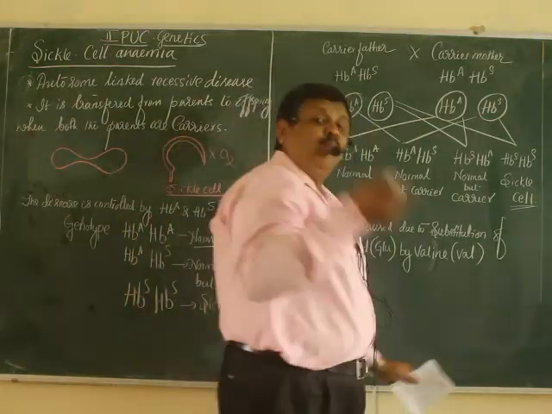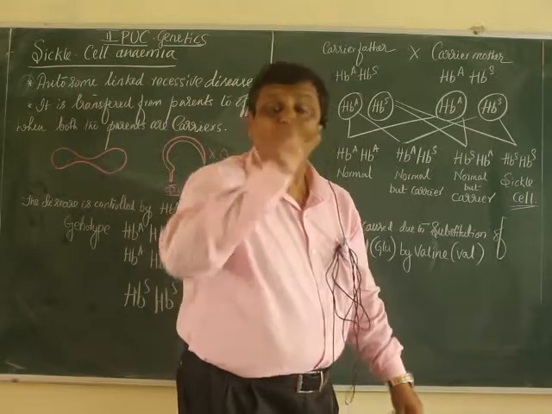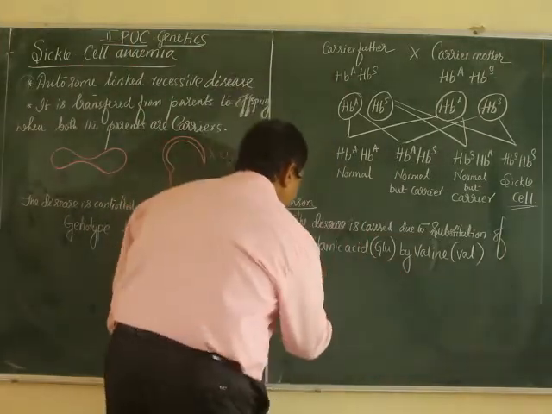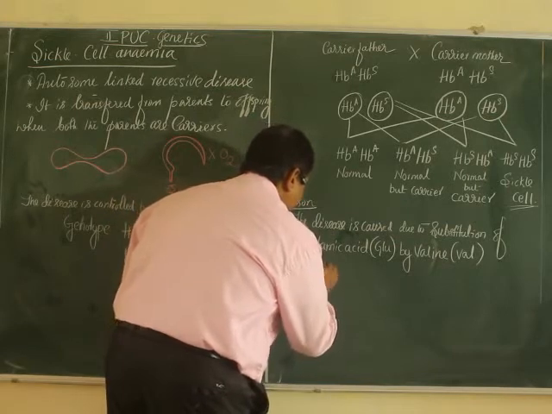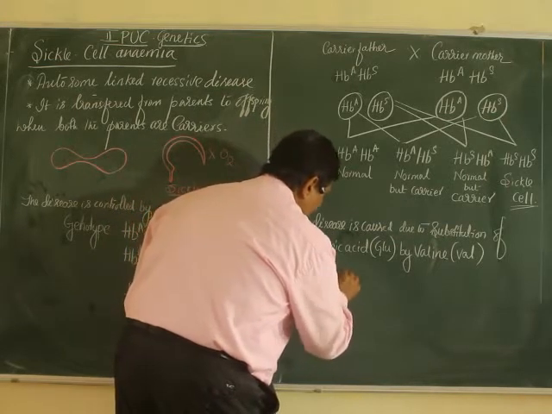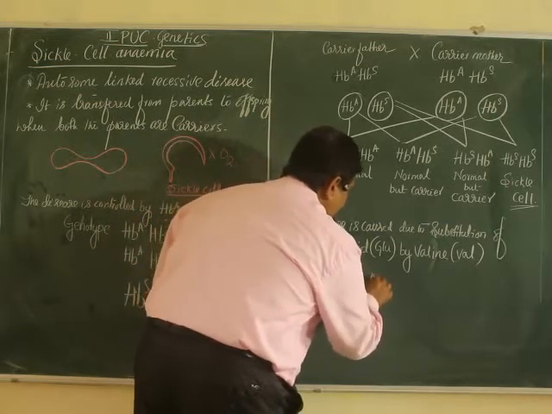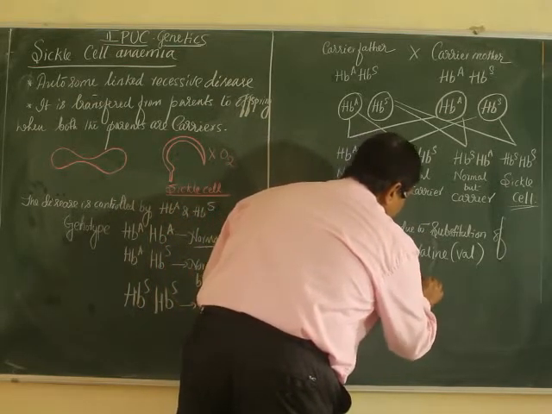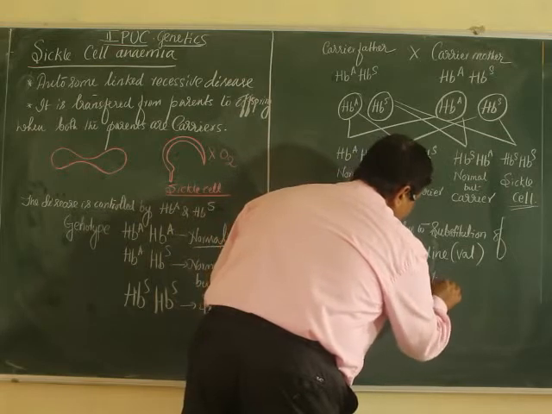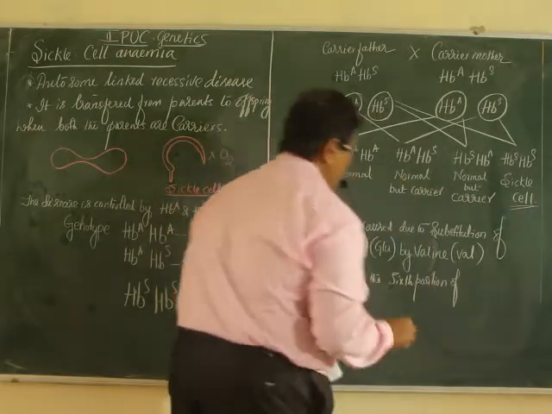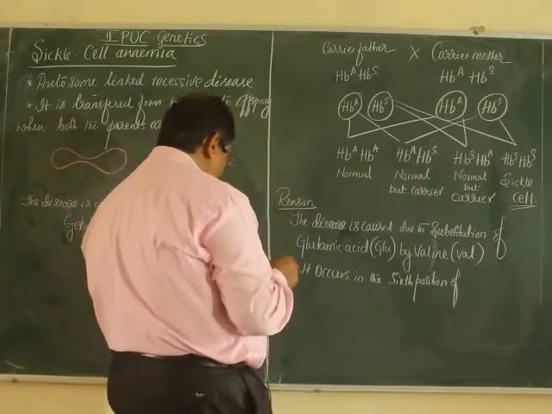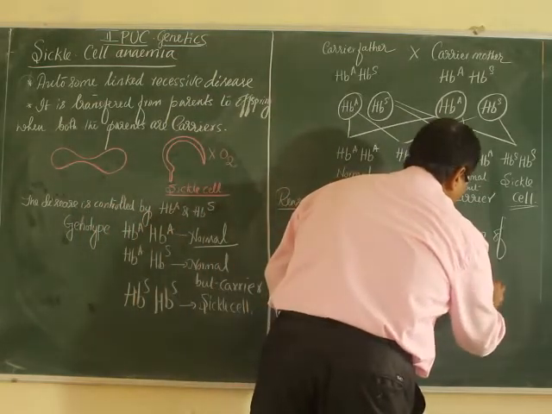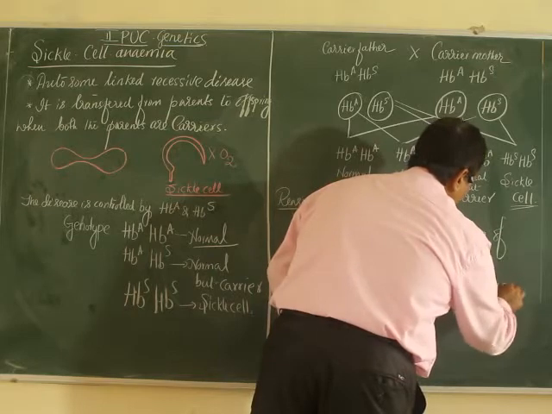At what position of the protein chain? That is also there. It occurs in the sixth position of the beta globin chain.